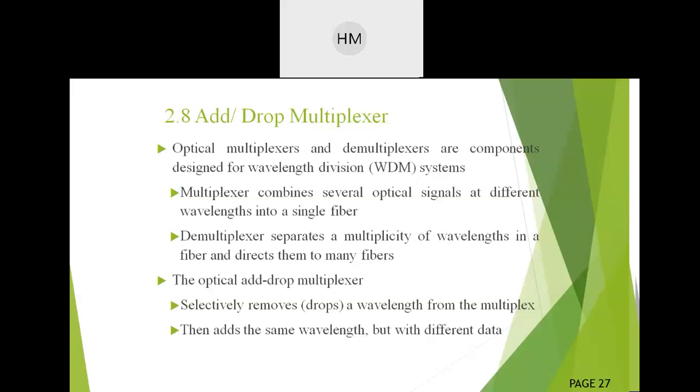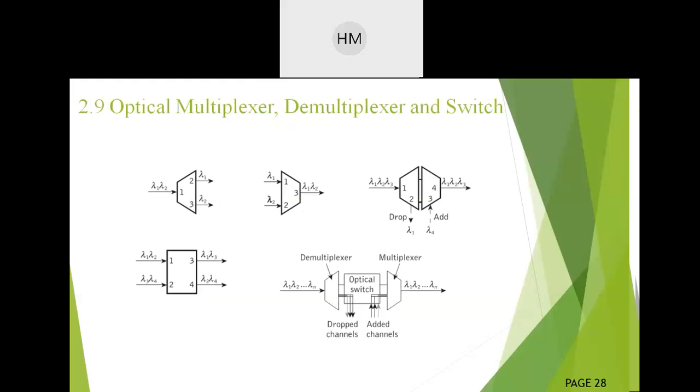Initially, if I made a fixed system, only that many wavelengths and that much light energy would travel. You can't change them, you can't modify them according to our suitability. So now we have designed this add drop multiplexer function where we can selectively remove a wavelength from the multiplexer. Then we can add the same wavelength but with different data. We can remove, we can add. So this is the add drop multiplexer. So these are typical diagrams of optical multiplexers, demultiplexers, and switch.